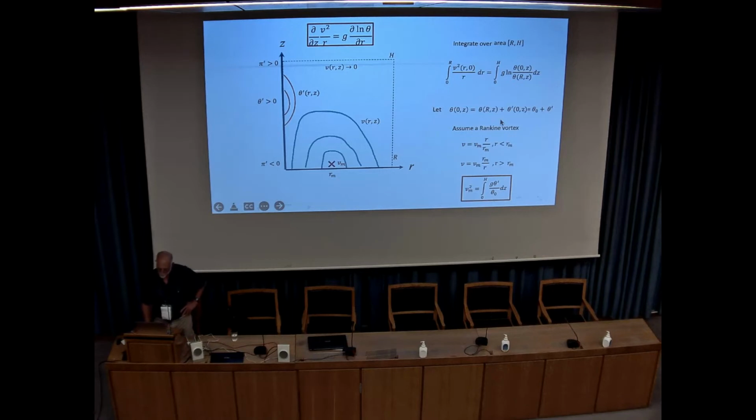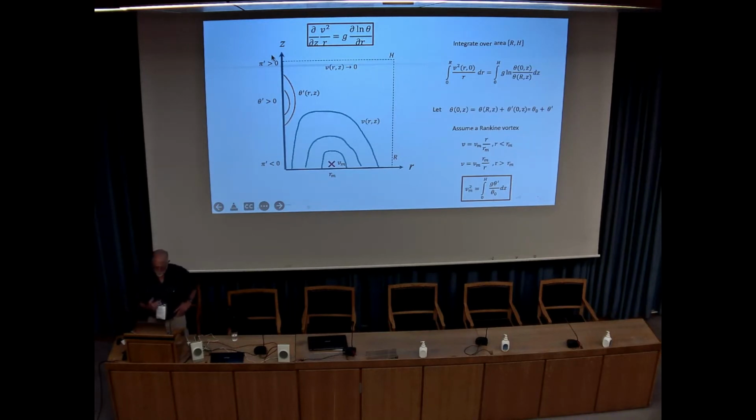It's defined down here. If you assume a Rankine vortex, you can do this integral exactly, and what you get is that V squared at the bottom is equal to the vertical integral of the buoyancy.